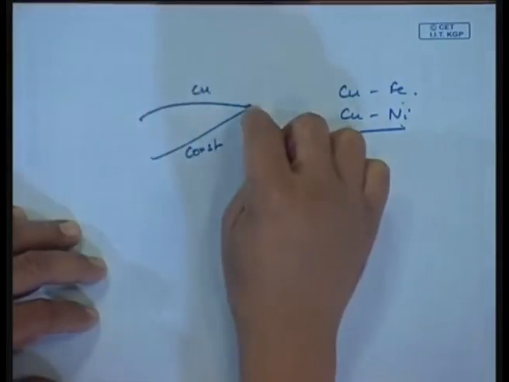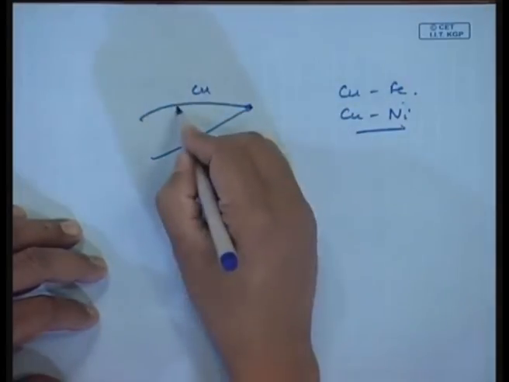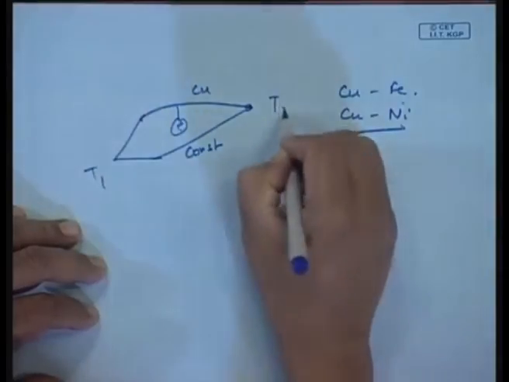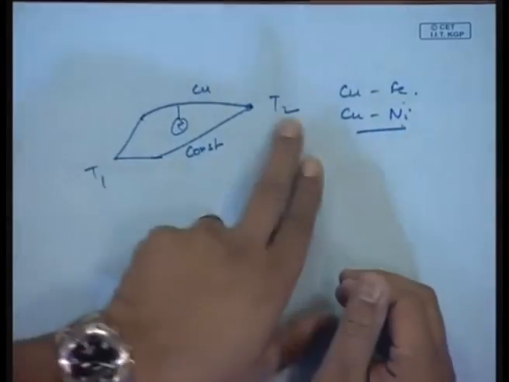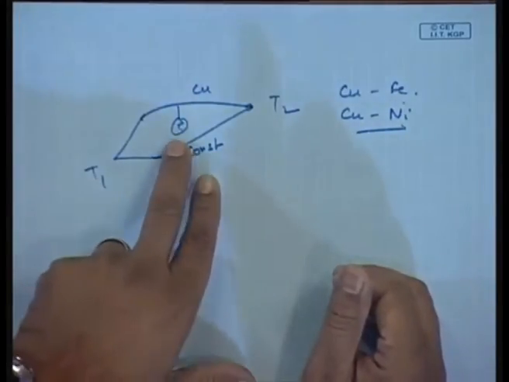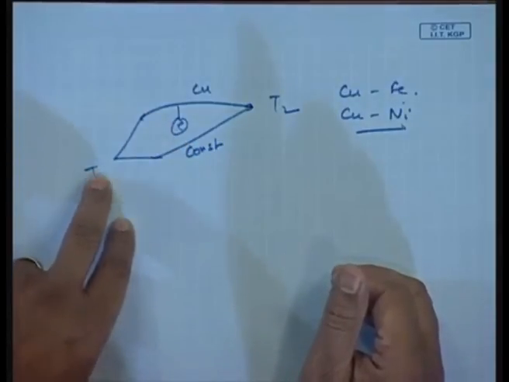If such a junction is kept at a temperature, I will get an EMF, and if the other end is at a known temperature, I know the voltage and can look into the calibration tables and know the temperature.